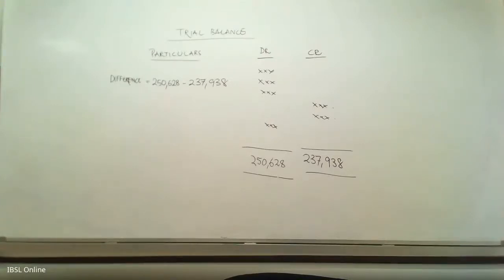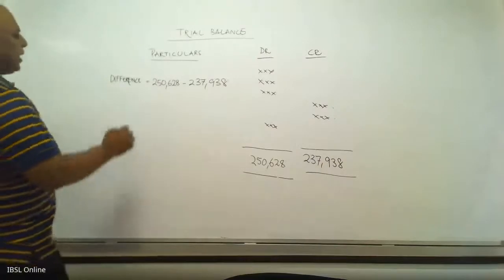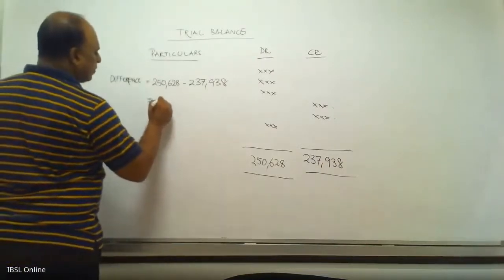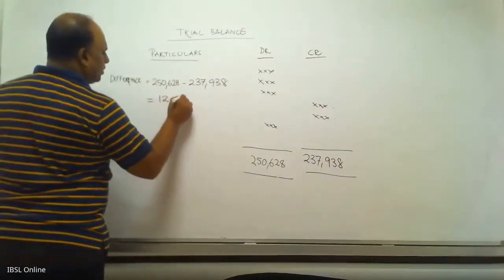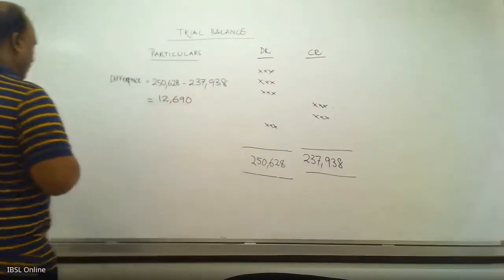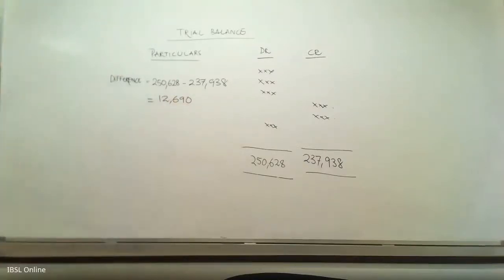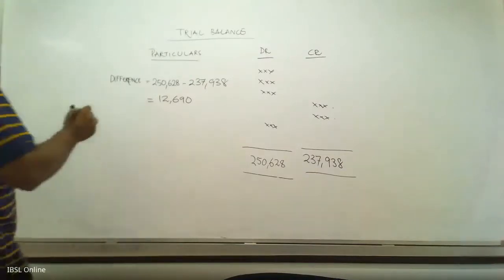When you deduct this, you get an answer of 12,690. That is what, in your presentation slide, the third point is, where you have a difference of 12,690.